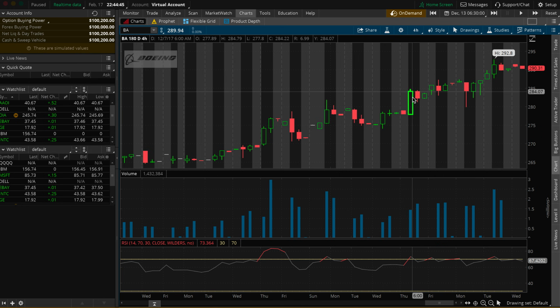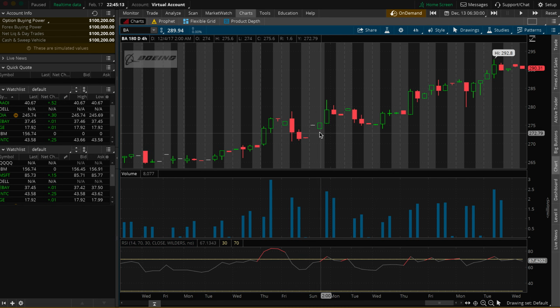So that's a big green candlestick. The high was about 284.79. And then the next day it opened at 284 and it ended up closing at 282, and the low was 281. So these are candlesticks. These are what I use for price action.